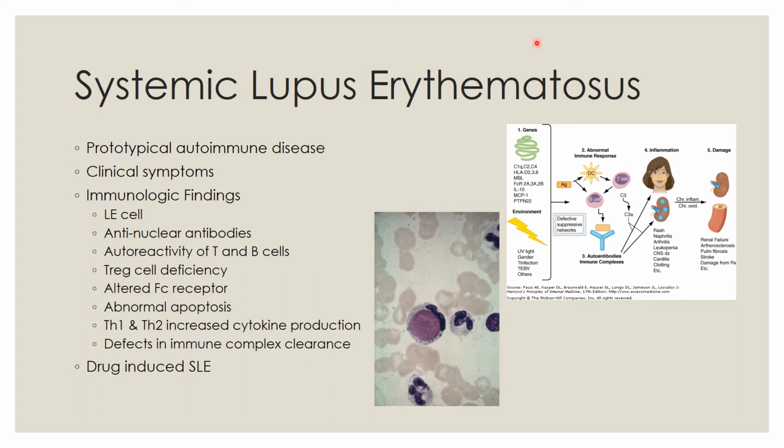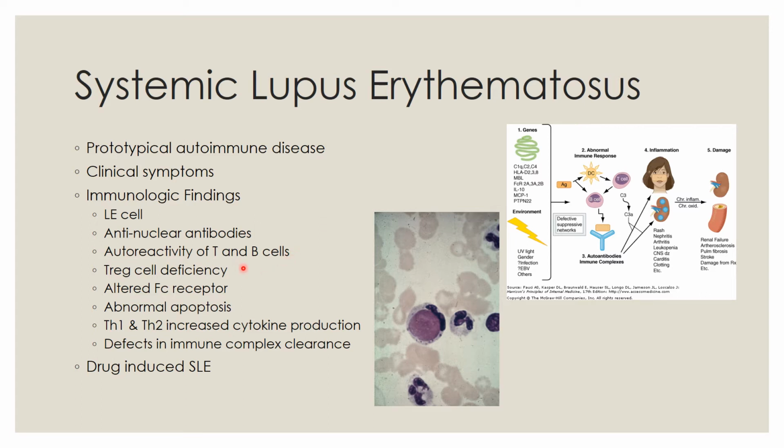All of these antibodies, 25 of them, that really is a reflection of the overall dysregulation of the immune system of the patient. Okay, so they tend to have T and B cells which have uncontrolled autoreactivity. That's the major problem. Without control on these cells, they produce all these antibodies, and they're not stopped in what they're doing.